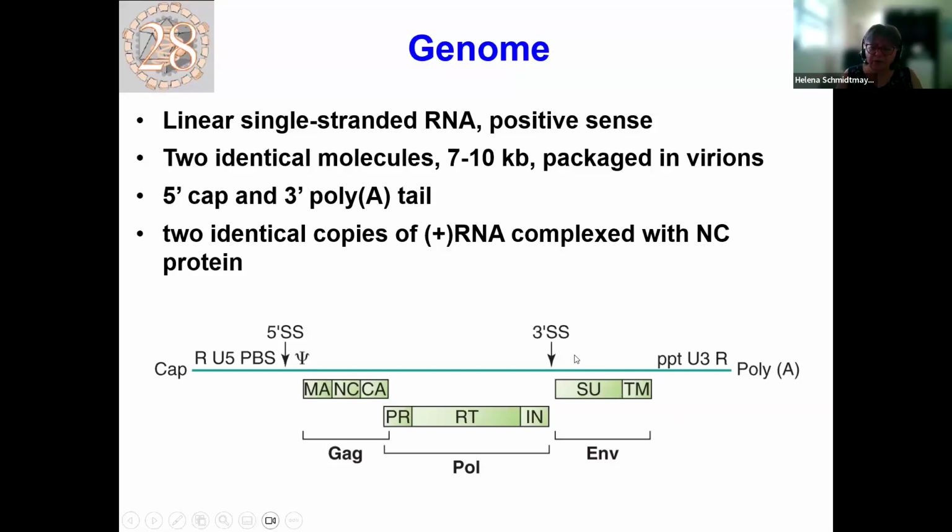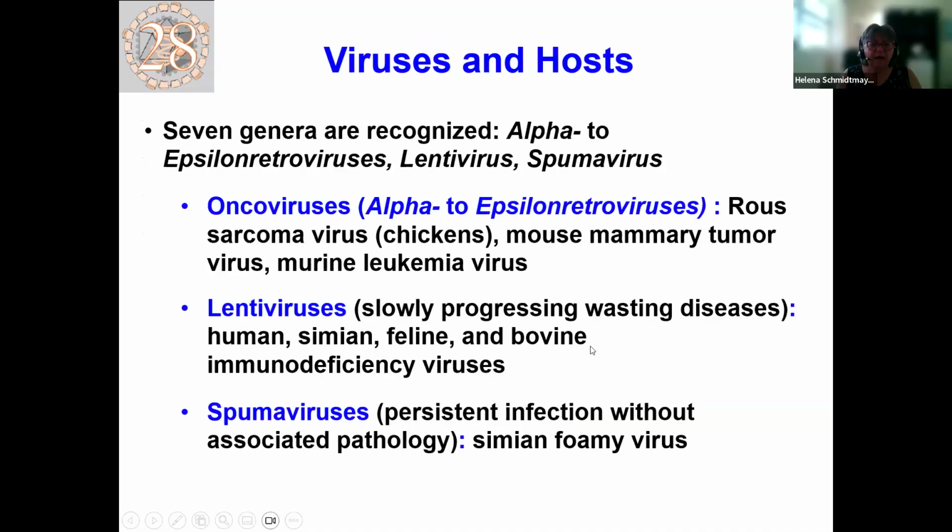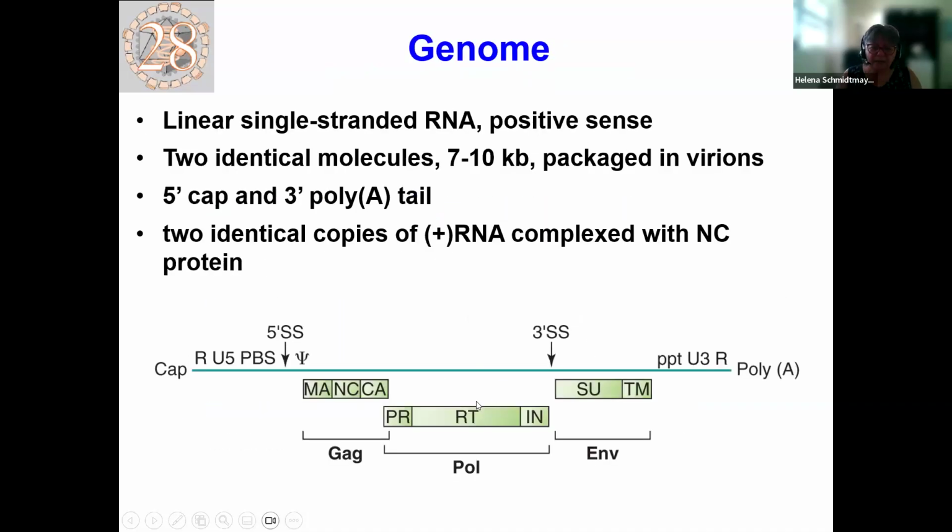All these genes respectively encode polyproteins. And some of the groups, such as lentiviruses and HTLV viruses, also have some additional regulatory genes. Now, let me come back to this.